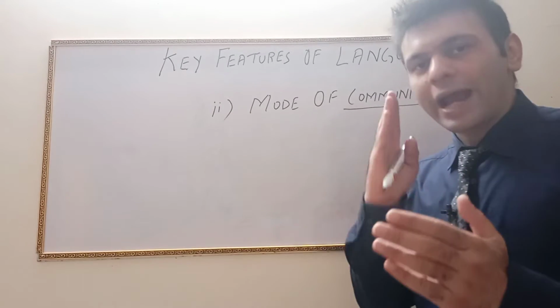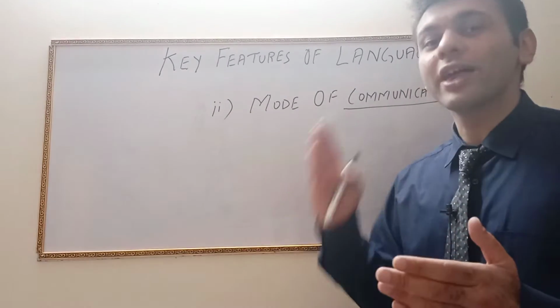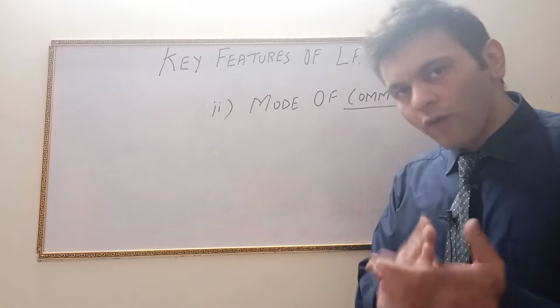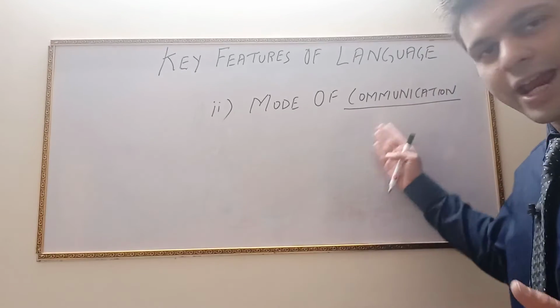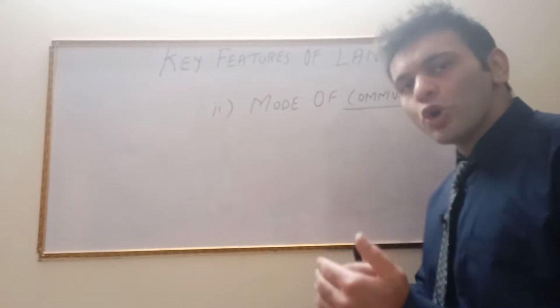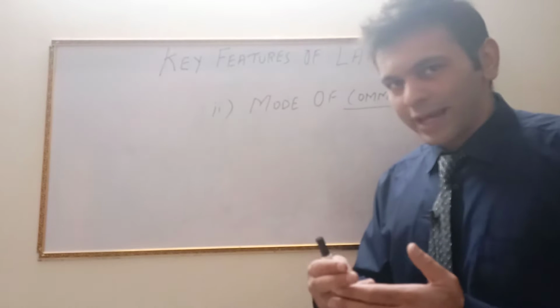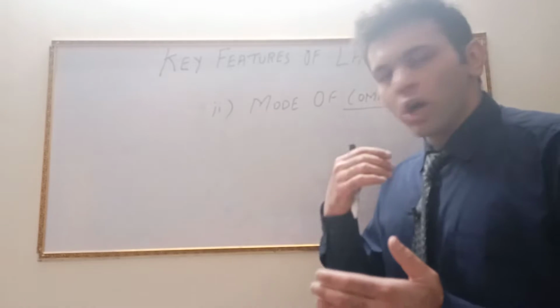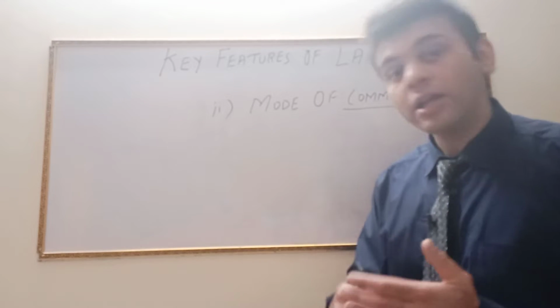So the first and foremost, rather the first and the last purpose of language is to communicate, to project, to impart your feelings, thoughts, your anger, resentment, and your love.